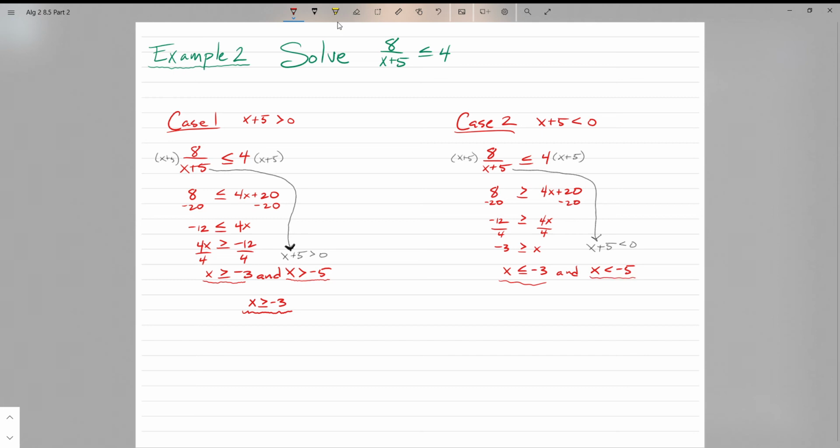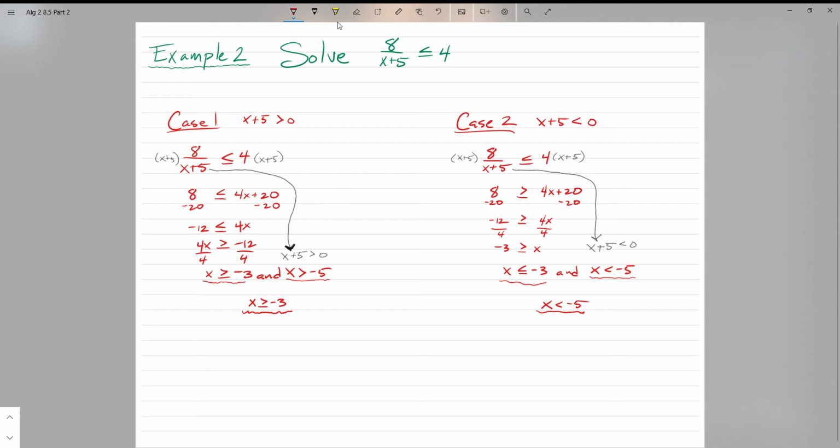So if I solve this AND statement together, x is less than or equal to -3 and x is less than -5, that's what they have in common. So if you would graph that on a number line, you would see that they only have in common x is less than -5.